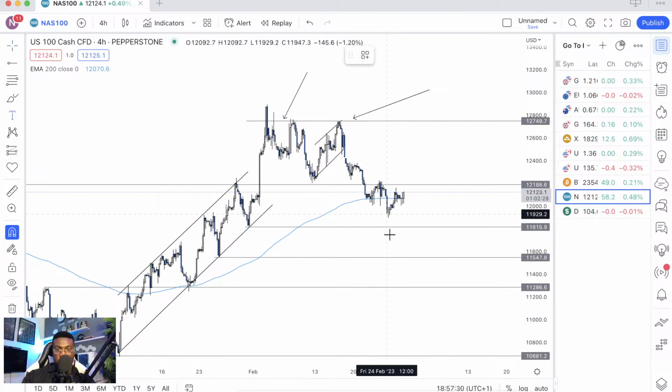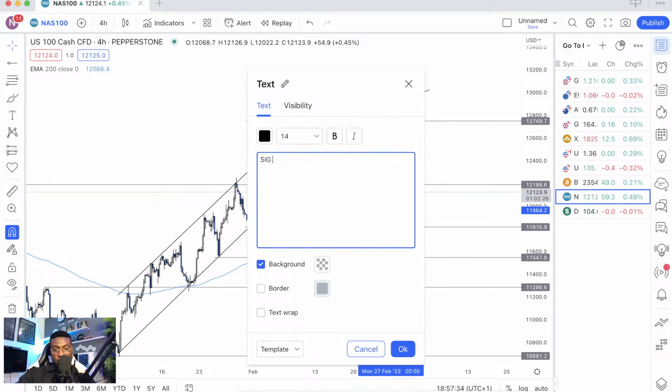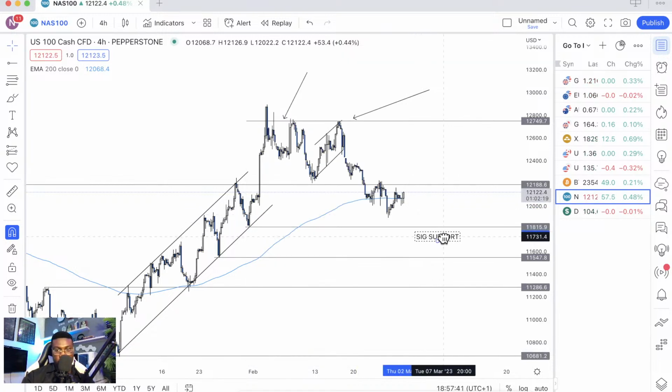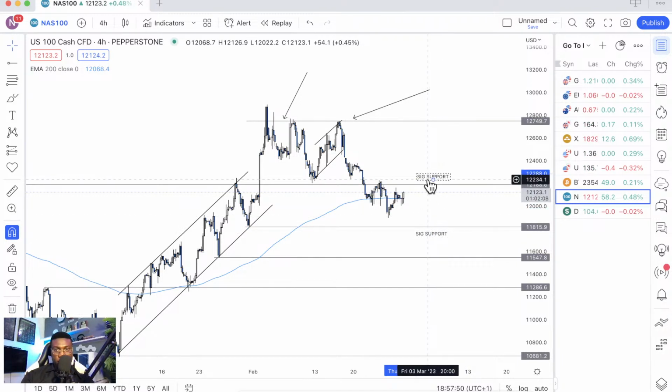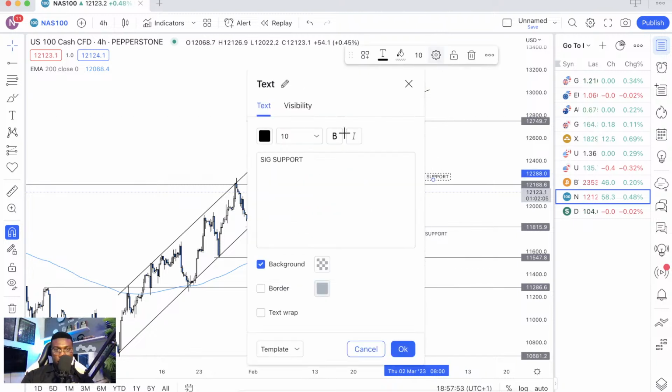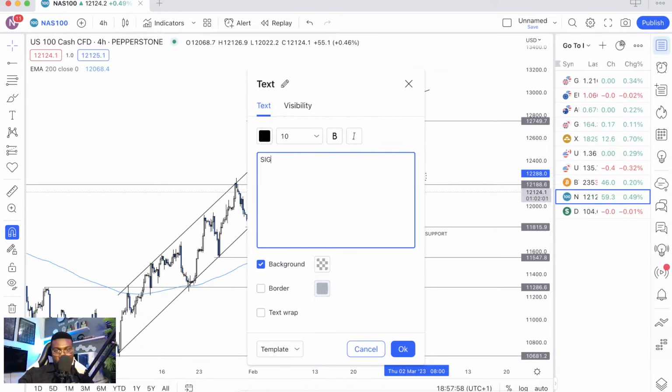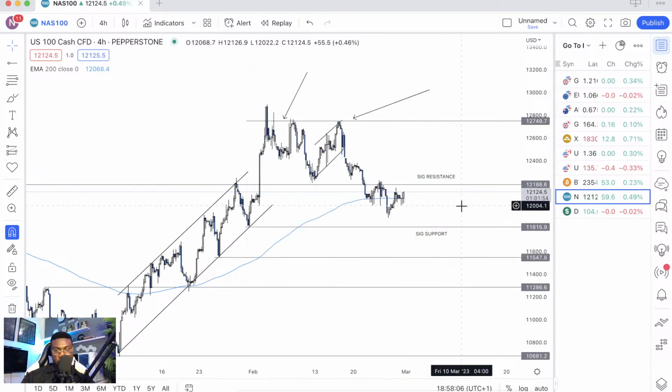I'm just indicating it for you guys. So it's trading within this significant support and significant resistance, and this is what we want to keep an eye on: how it reacts to this resistance level and how it reacts to the support level.